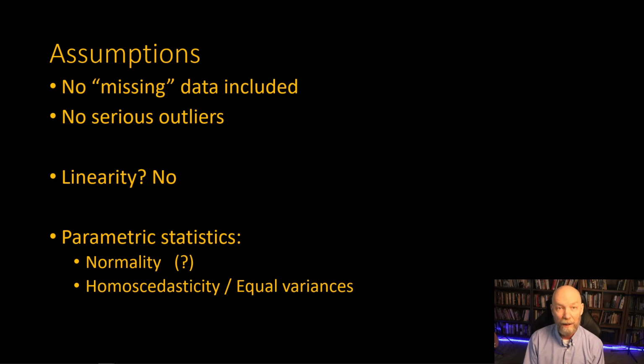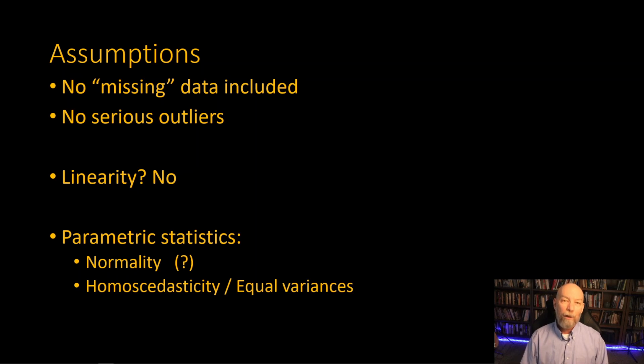One is normality, and that is to say that we assume that there is a normal distribution of the dependent variable, even within each category of the predictor variable, in the circumstance we're going to talk about here. And we assume that there are equal variances, equal dispersion. That's also called homoscedasticity if you like to use fancy terms to impress your friends and neighbors.